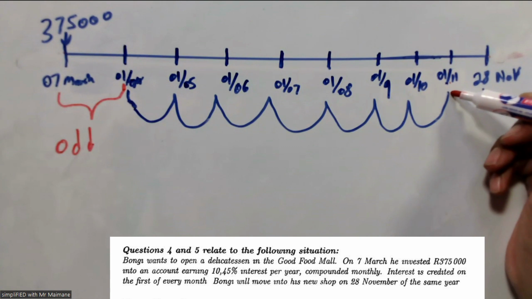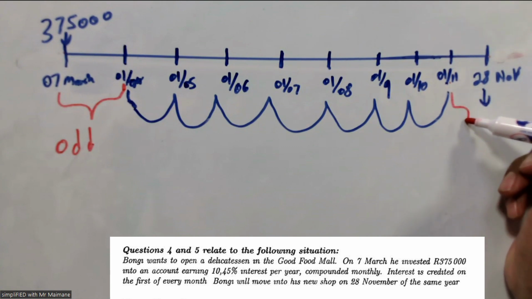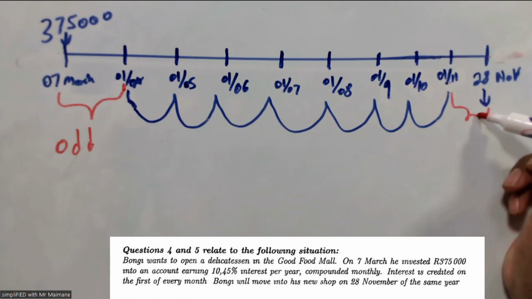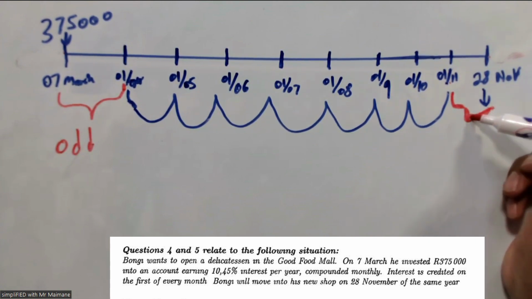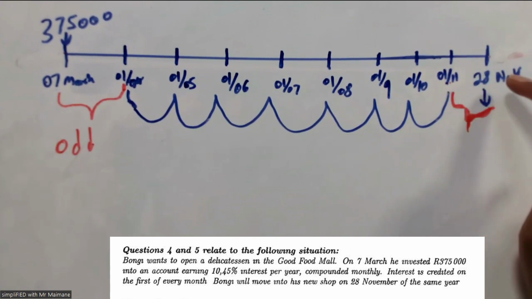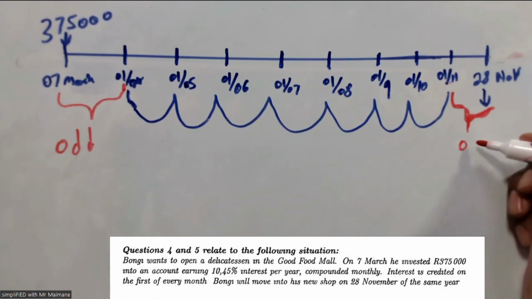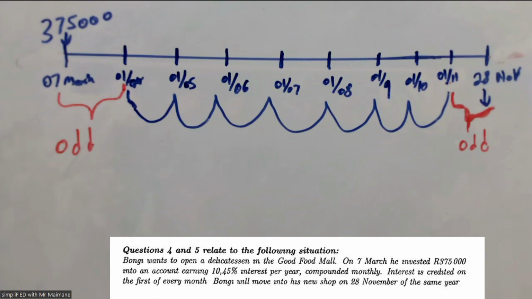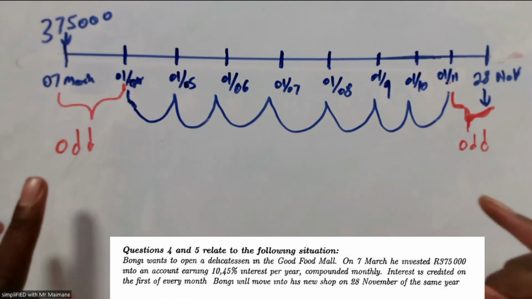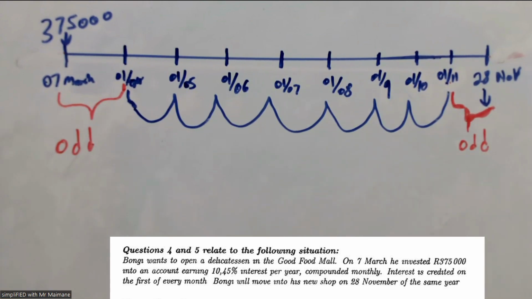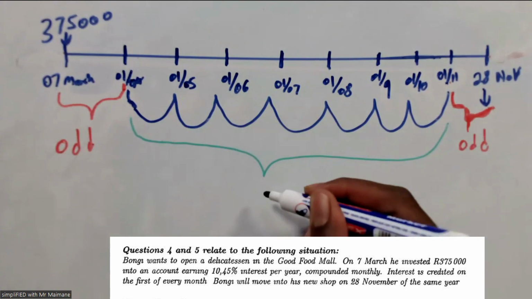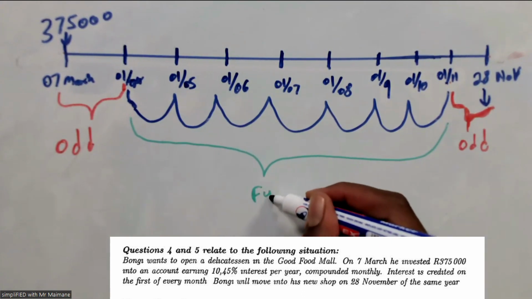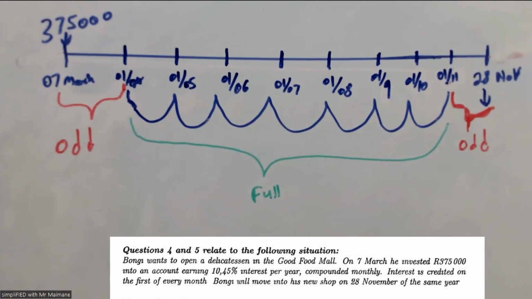Also, from the 1st of November up until the 28th of November when the investment matures, it's only 28 days, which is also our odd period. So this is our odd period, this is our odd period, and this represents our full period, because it's even, it's in order.